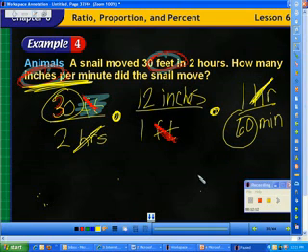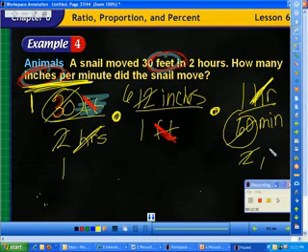Because this 30 and 60 will cancel each other, because 30 goes into 30 one time, 30 goes into 60 2 times, 2 goes into 2 once, 2 goes into 12 6 times. Now look at how much, oh, still got a little more canceling I can do. Because 2 goes into 2 once, 2 goes into 6 3 times.